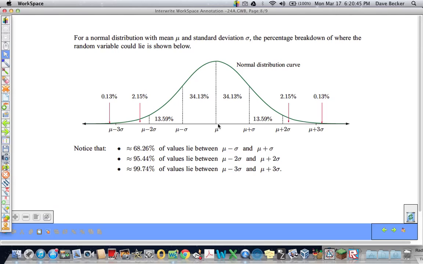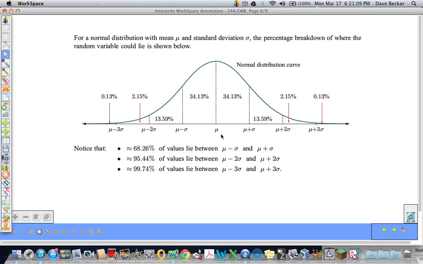That makes sense because anywhere from here to here is within one standard deviation from the mean, as is from here to here. Okay. Now, if we go within 2 standard deviations, that total rises to 95%. So 95% of the population will fall within 2 standard deviations of the mean.